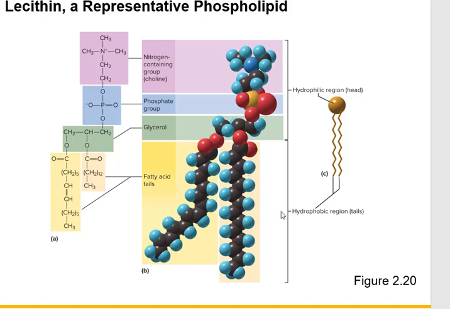And what this does, you need this in your body to emulsify fats, to break it up into small droplets so that you can absorb it into your body. So you need lecithin. And if you get a candy bar or something, you'll see that they have lecithin added to it to emulsify the fats.